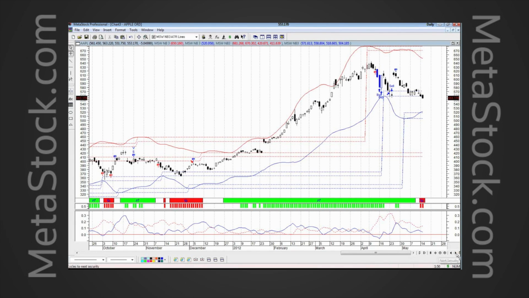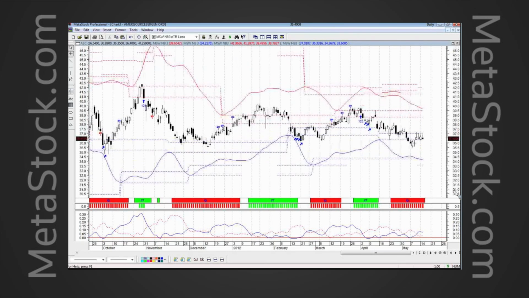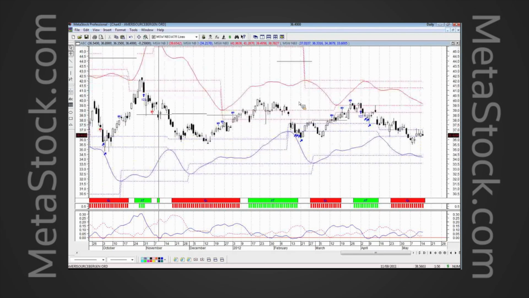Now I can just click forward and look at the next stock in the S&P 500. What we have is basically a pretty well-defined trading range for AmerisourceBergen. And for trend followers, this is difficult because all this chop really hurts.